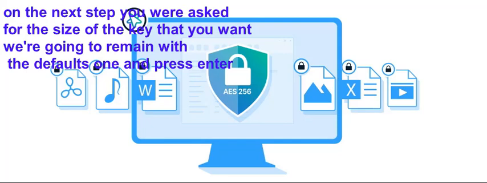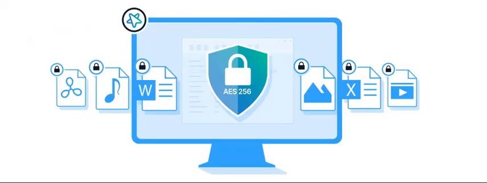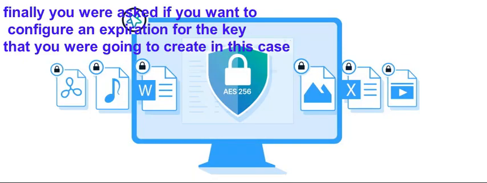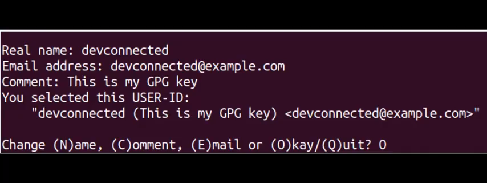We are going to remain with the default and press enter. Finally, you are asked if you want to configure an expiration for the key that you are going to create. In this case, we want to use the same key forever, so you can choose the 0 option.